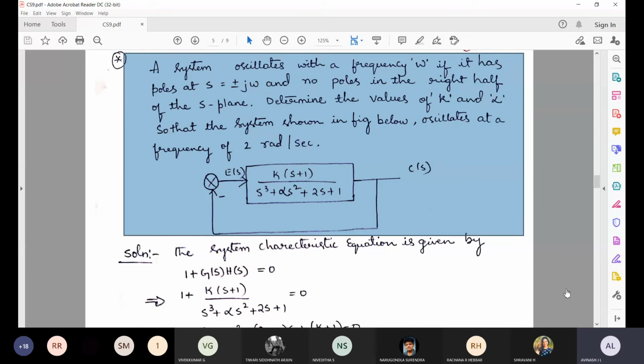Determine the value of k and alpha so that the system shown in the figure below oscillates at a frequency of 2 radians per second. So these are somewhat extended numericals. You can take this particular question. We'll discuss the answer.